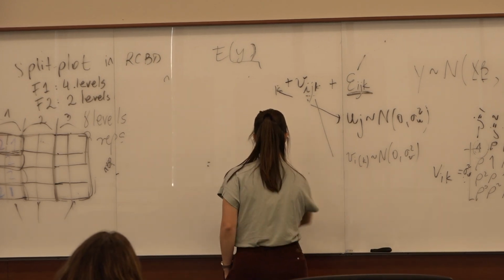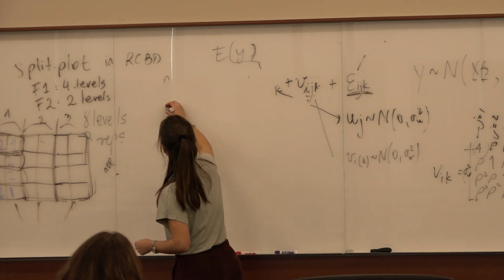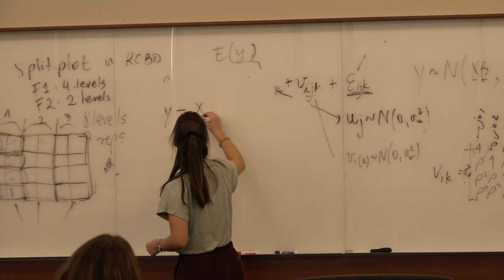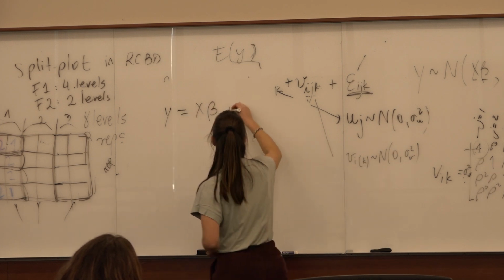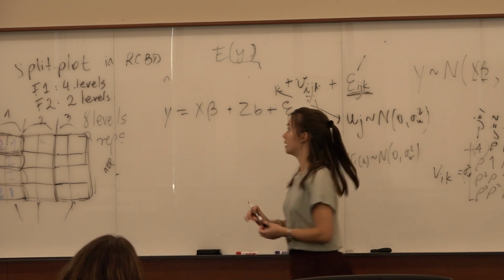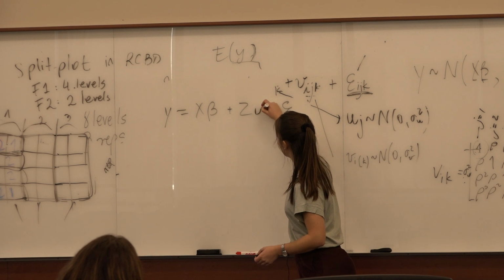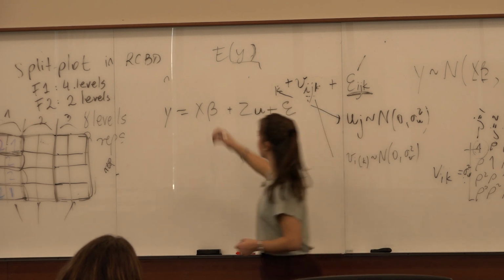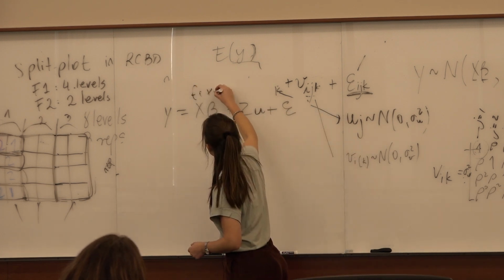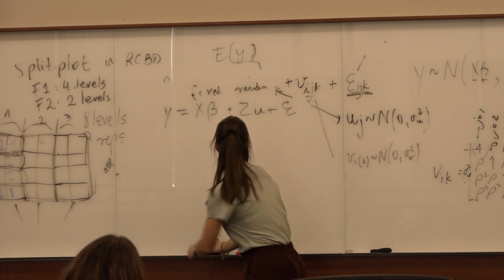In general, remember that we have y equals X beta plus Z u plus the error. Fixed, random, and this is a more general way of writing it.